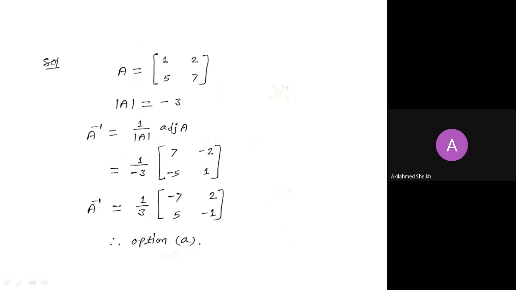This is the given matrix A. First we find the determinant of A, that is 7 into 1, we get 7, minus 5 into 2, that is 7 minus 10. We get minus 3, which is not equal to 0. So the inverse exists. The formula is A inverse equals 1 upon determinant of A into adjoint of A. This is 1 upon minus 3 as it is.